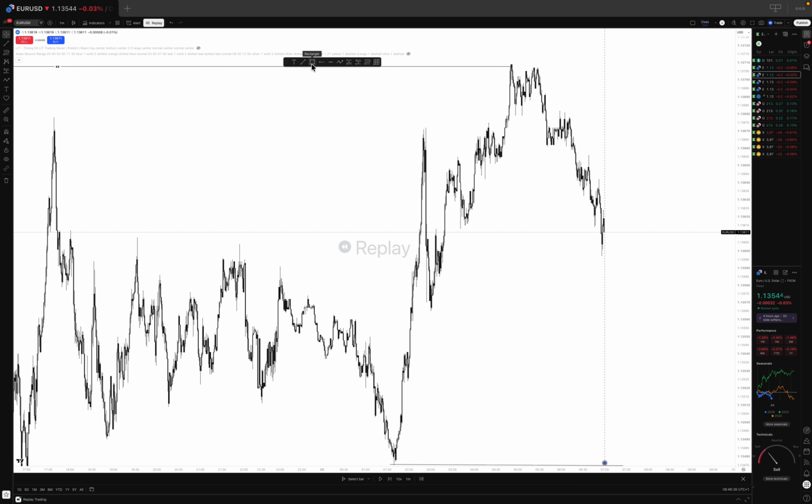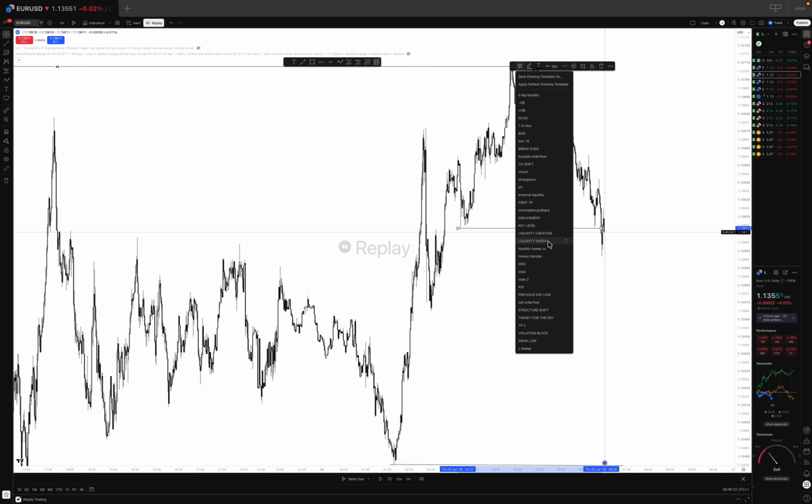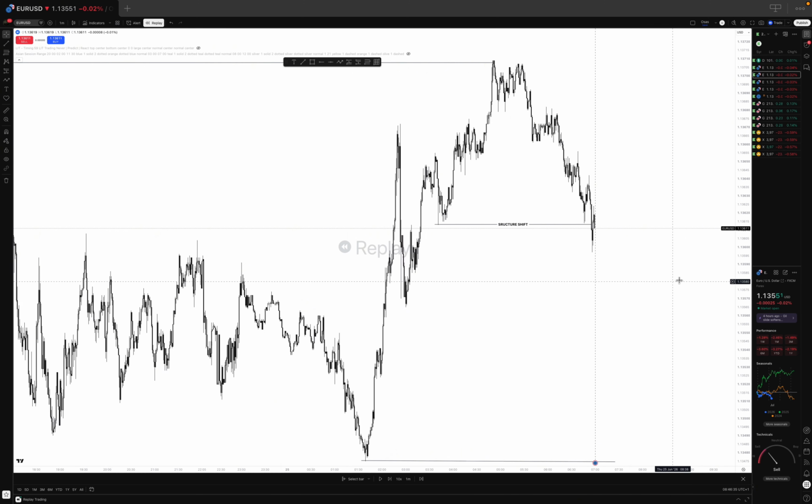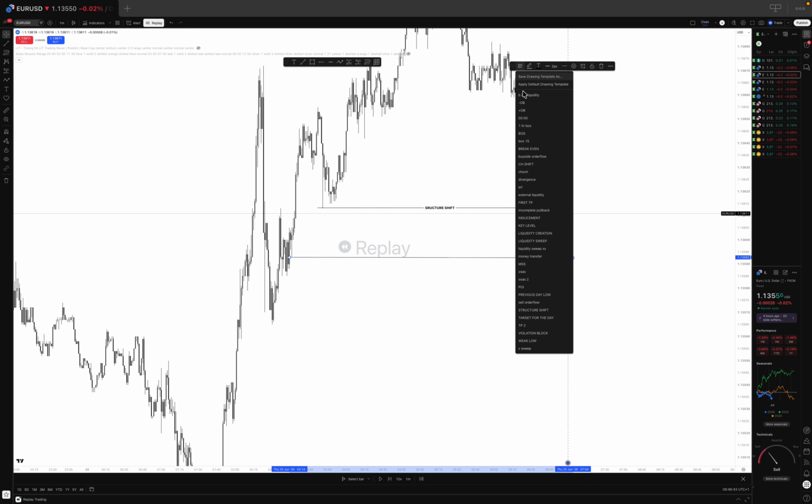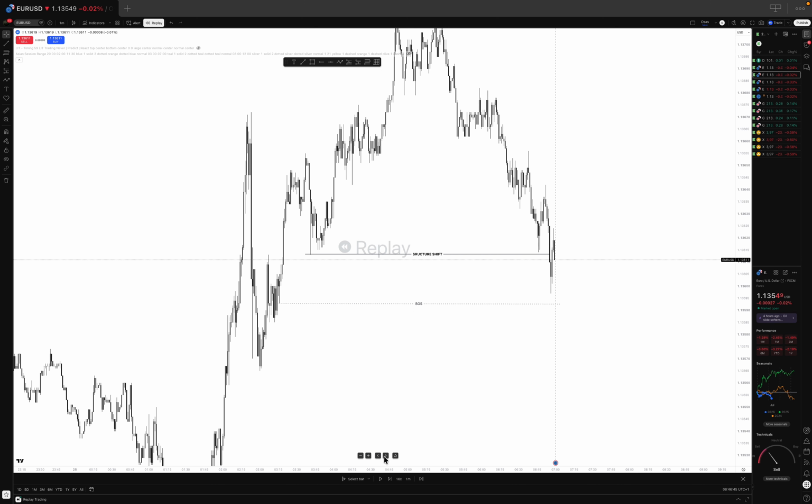So for me, here is going to be my structure shift. After I have the structure shift right here, I look for my key instrument, which is my BOS for my 1 minute execution, and I marked here as a BOS, waiting for the market to get here before I look for an entry.